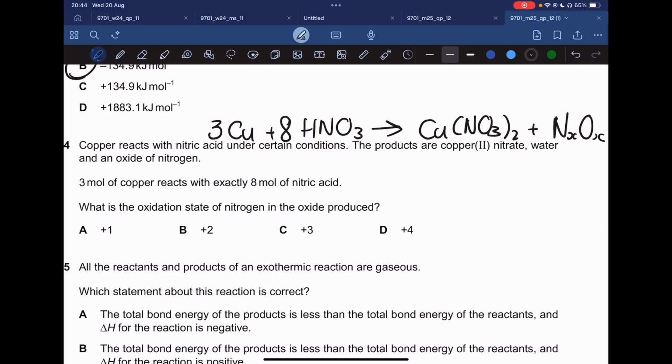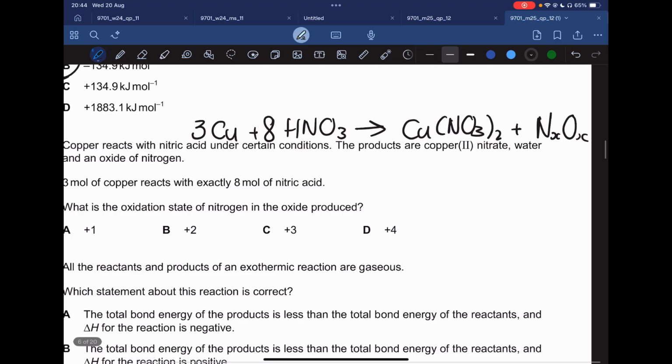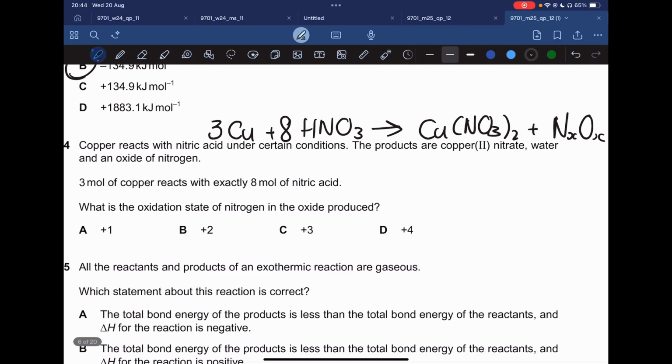So let's just try and balance that. Based on that, we have 3 moles here because, trying to balance the copper out, it has to be 3. So let's count the total number of things here now. We have 8 N's. We also have 24 O's and 8 H's.